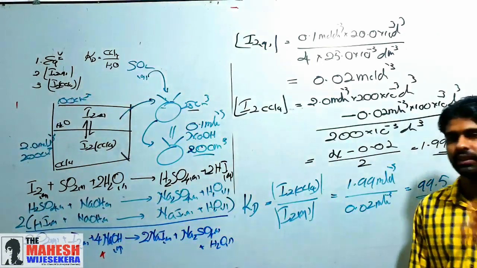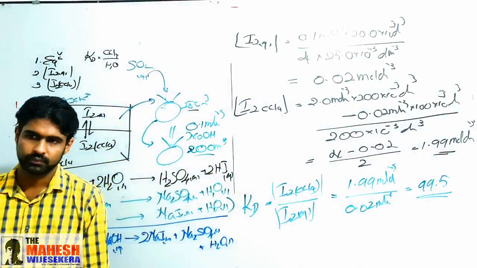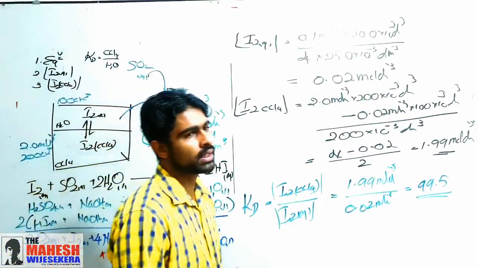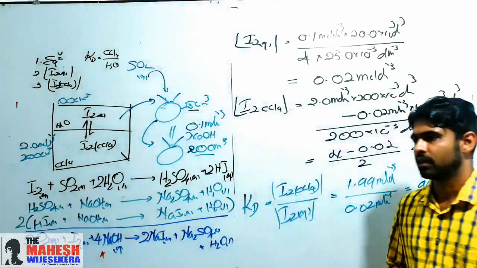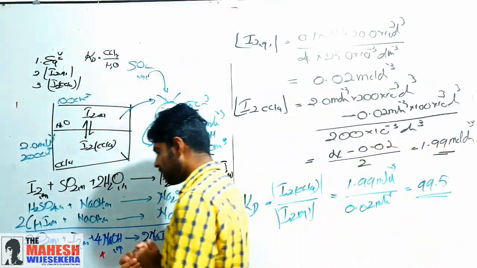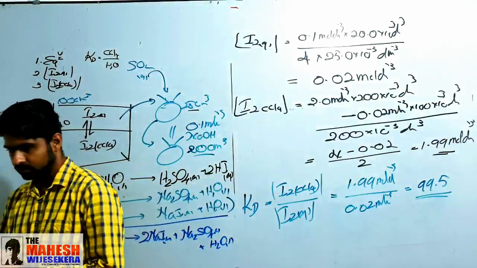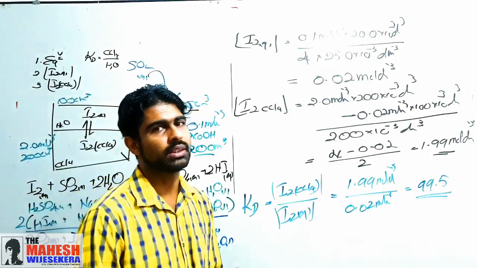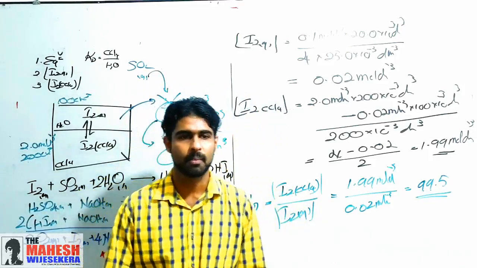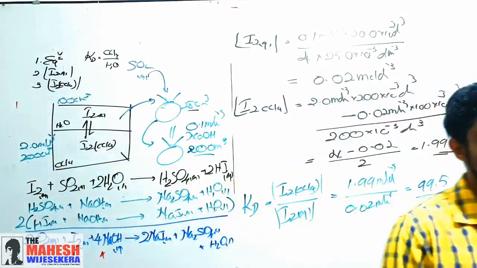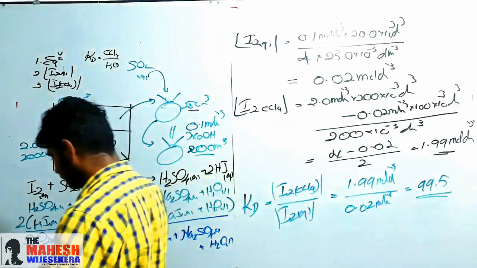Second use: determining equilibrium constants of reactions. That is, you can determine Kc's, not Kp's. I mean, Kc you can determine.